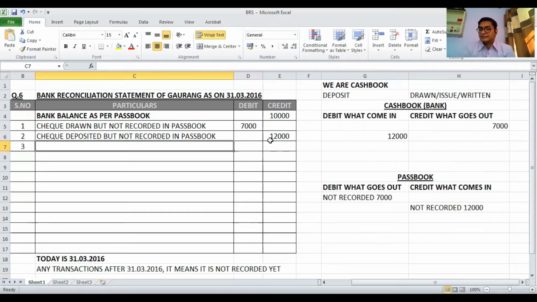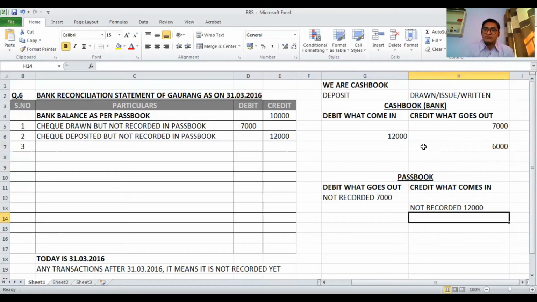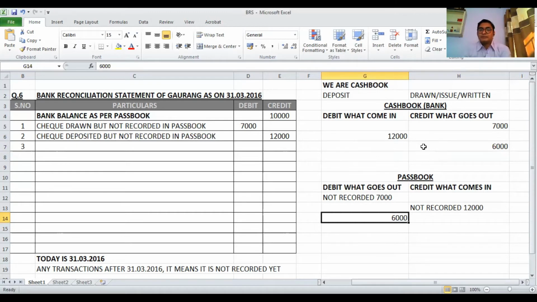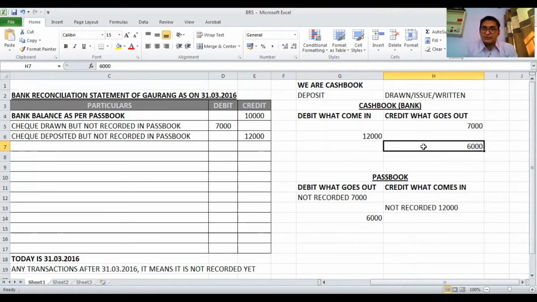Then point number third. Bank has paid 6,000 for insurance premium. Here if insurance premium is paid, then bank balance decreases, cash goes out. So 6,000 credit as per cash book and debit as per passbook. Now, bank has paid, means in passbook there is entry, but in cash book the entry is on 1/4/2016.